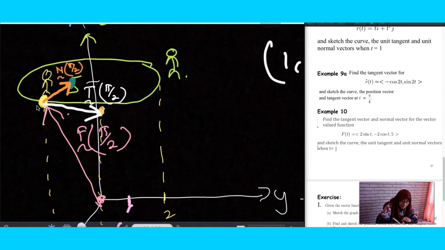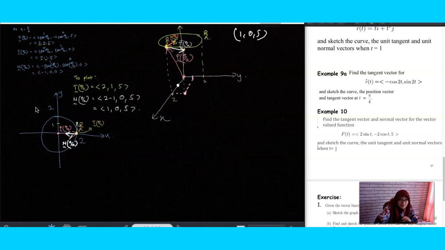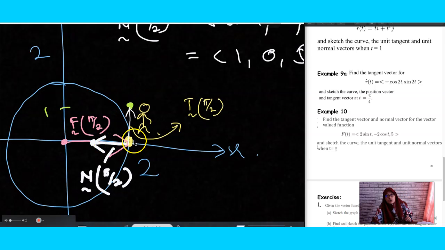And you can see that they are actually perpendicular to each other and point inside. As you can see here, where is your t just now? So this is your t and this is your n. So they are perpendicular to each other, and as I mentioned before, the property of the unit tangent vector is that it is always tangent to the curve, and the direction tells you the movement of the particle.